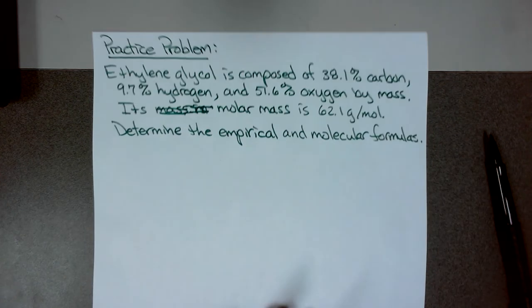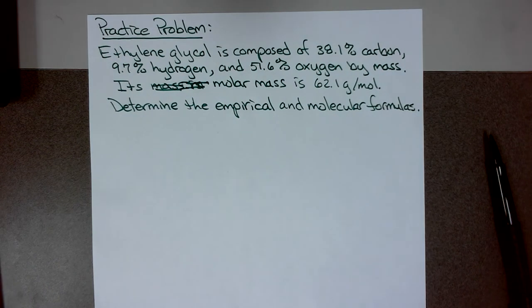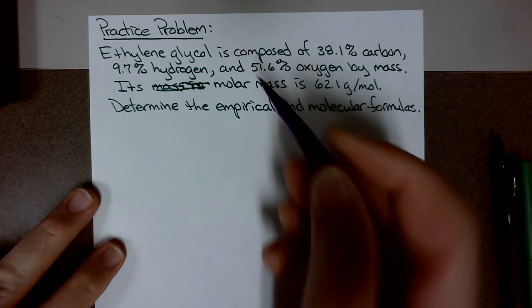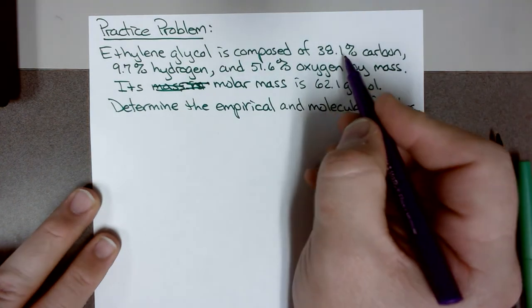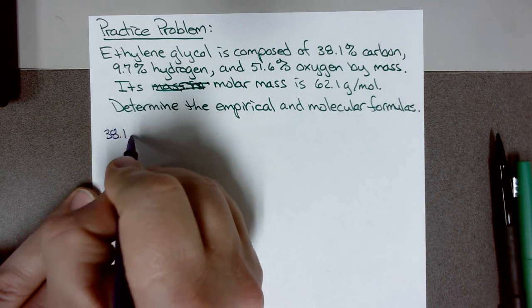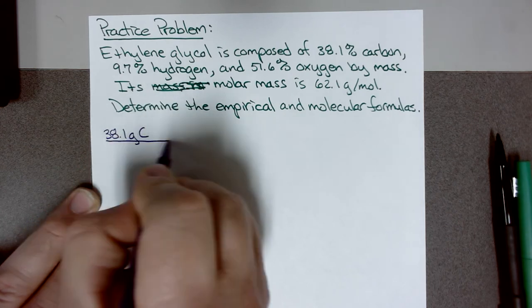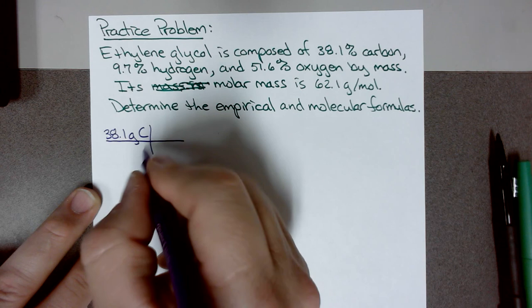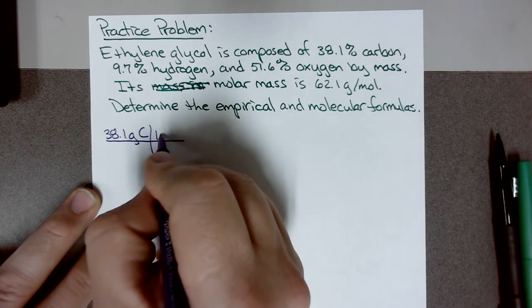The first one we're going to do is the empirical formula. With the empirical formula, remember, we're going to take the 38.1%, make it grams, so it's going to be 38.1 grams of carbon, and we're going to convert grams to moles, because we're going to compare mole ratios.